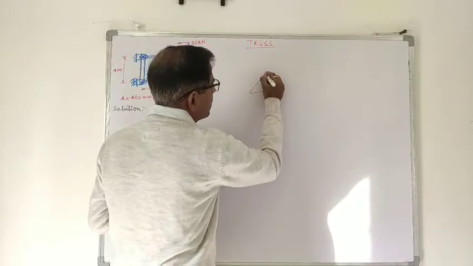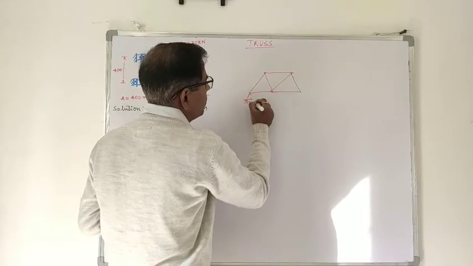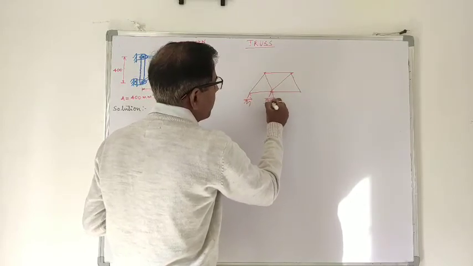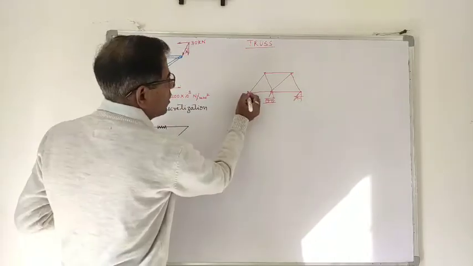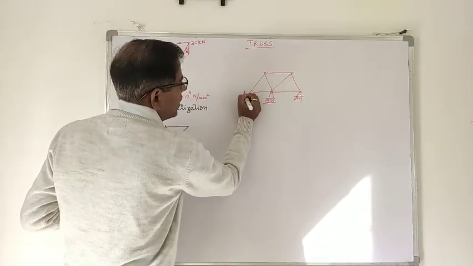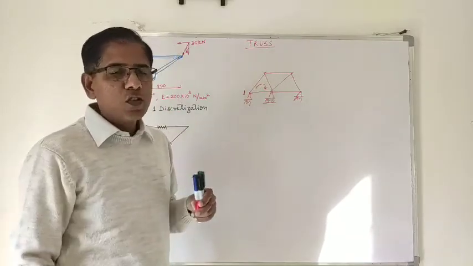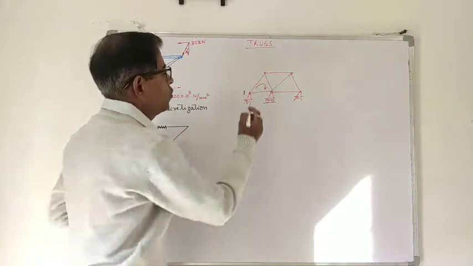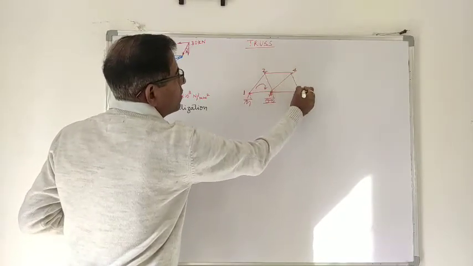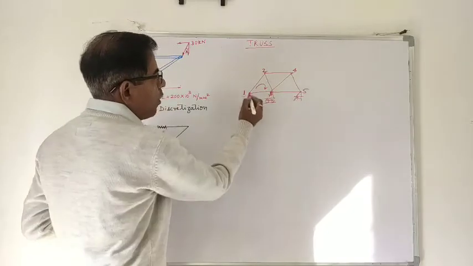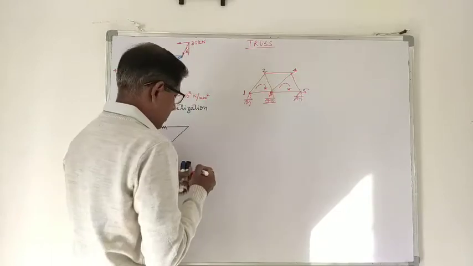For example, in a truss problem like this, I always start with the bottom left corner as 1 and then go in clockwise direction. So this is 1, this is 2, this is 3, this is 4, this is 5.